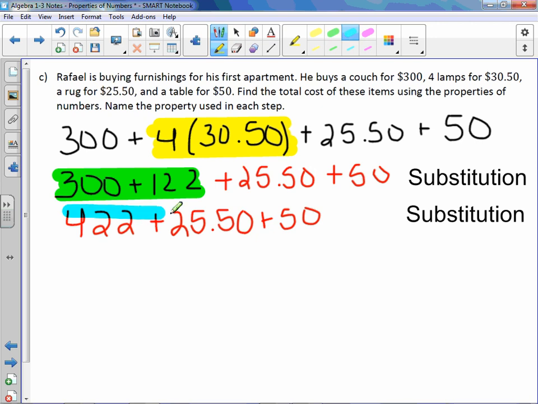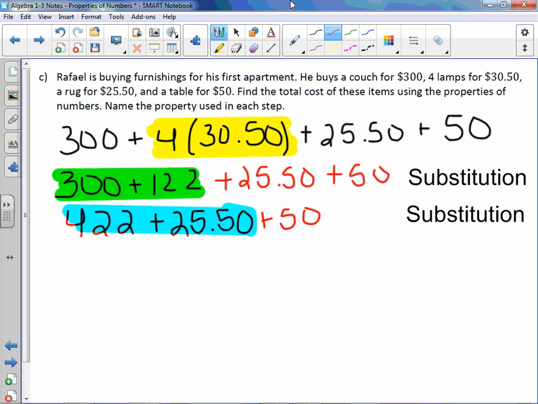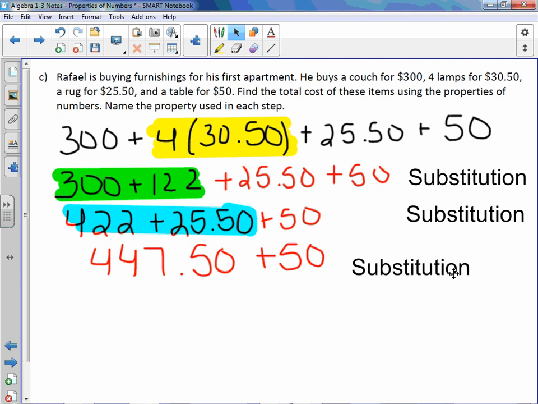Next, we will do 422 plus 25.50, which is 447.50. Bring down the plus 50. Again, that was substitution.